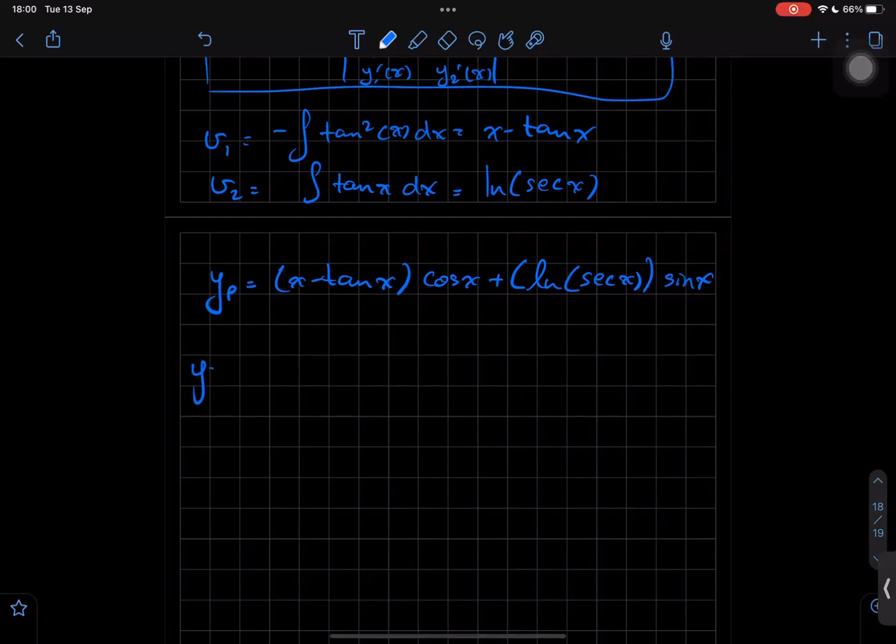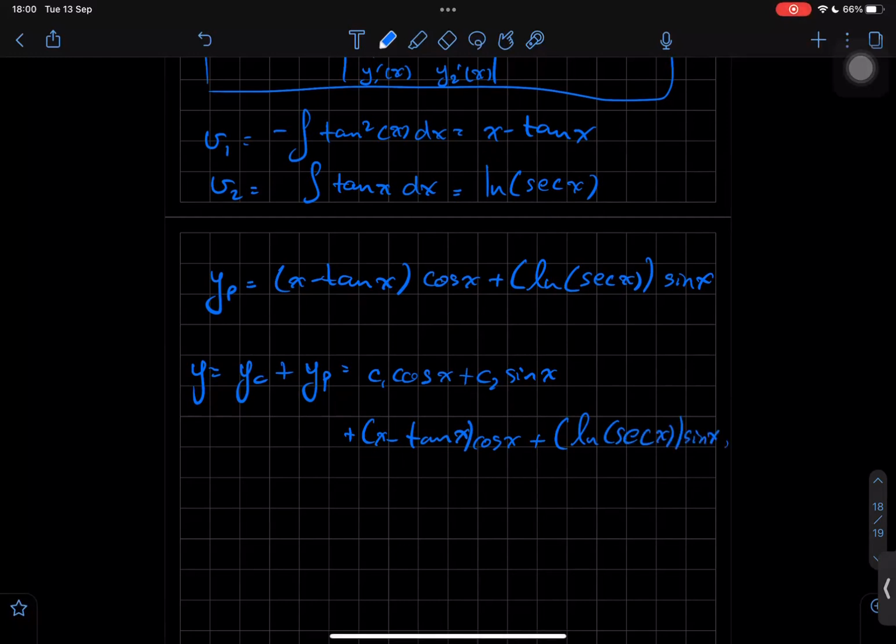So y equals yc plus yp, that equals c1 cos x plus c2 sin x plus (x minus tan x) cos x plus log of sec x sin x. So this is the solution of the ODE.